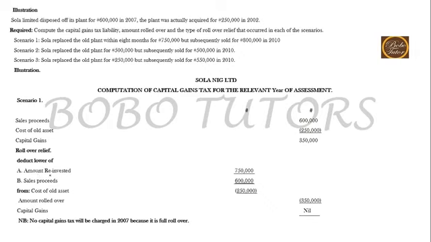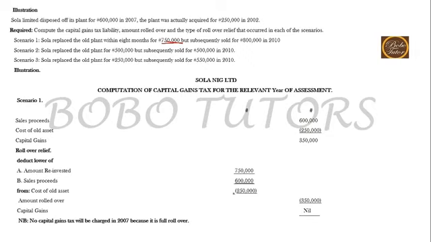Then the sales proceeds of the old asset, which is 600,000. The lower between these two is 600,000. You understand? Then you deduct it from the cost of old assets, 250,000.